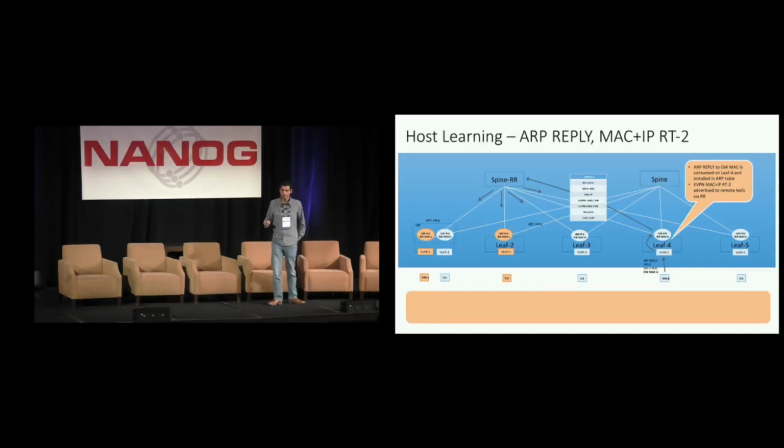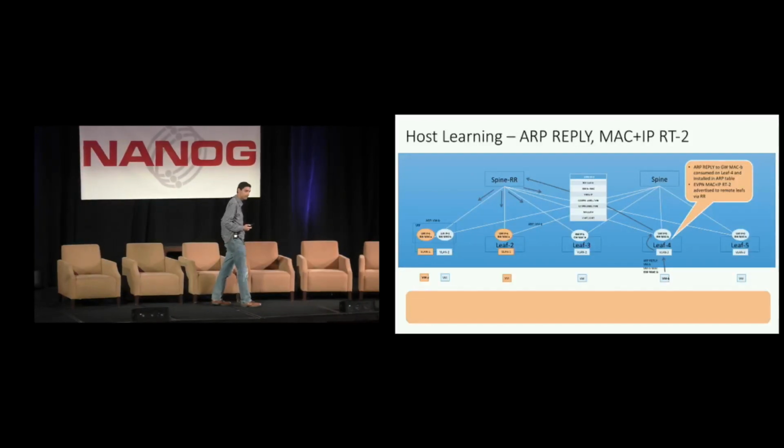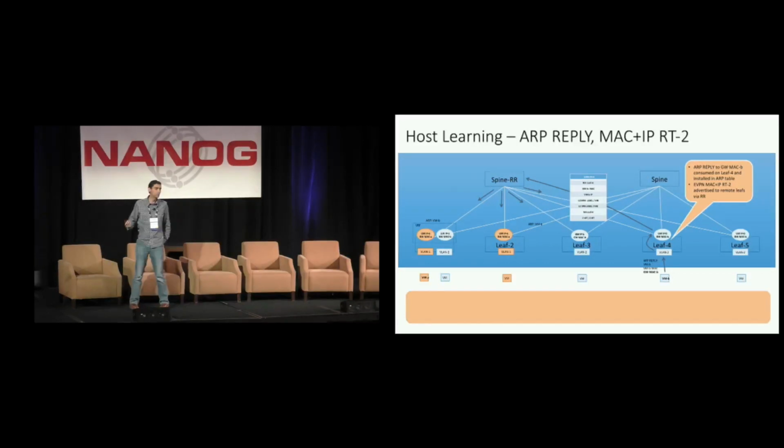Based on this route, all the remote leaves that are part of the layer 2 VPN overlay, or rather the EVPN overlay, will install VMB's MAC entry in their MAC VRF. And all the leaves that are part of the layer 3 VPN overlay will install the IP entry for VMB in their IP VRF, pointing to leaf 4 as the next hop PE router.